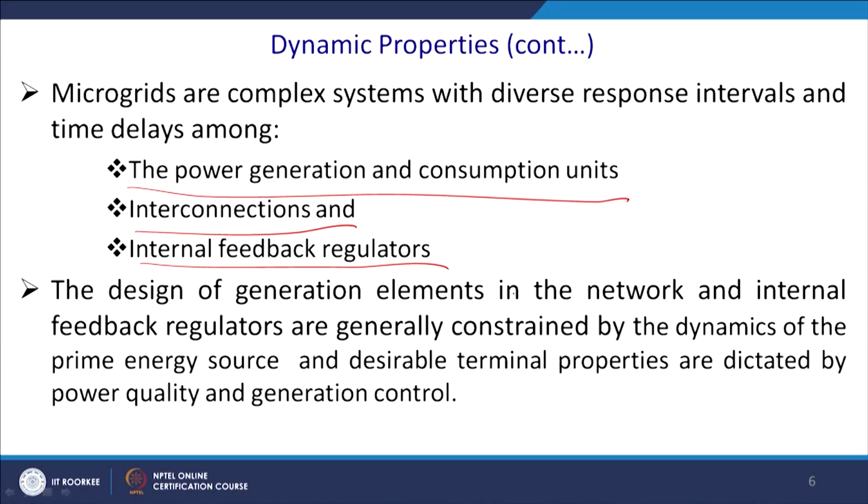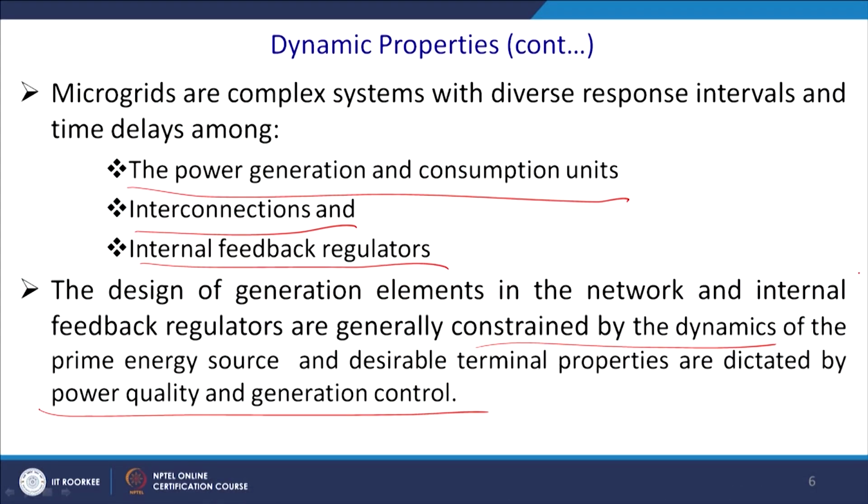The design of the generation elements in the networks and the internal feedback regulators are generally constrained by the dynamics of the prime sources. So, these are something we need to understand. The feedback and the regulator will put restrictions on the prime energy sources, and that will decide what the DC bus voltage should be.